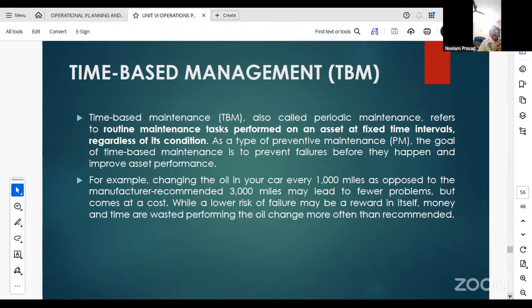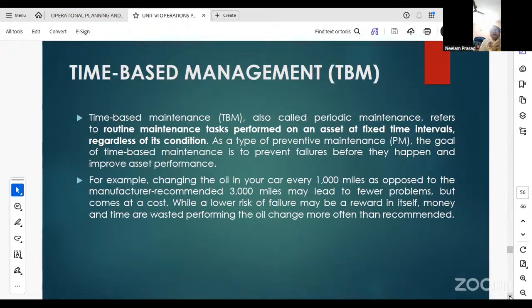See, time based is by the manufacturer, you are given a timetable. Here, the example is of changing the oil of a car after every 3,000 miles. You can do it after 1,000 miles also, because this will keep your car in a better condition. The chances of failure will be less.